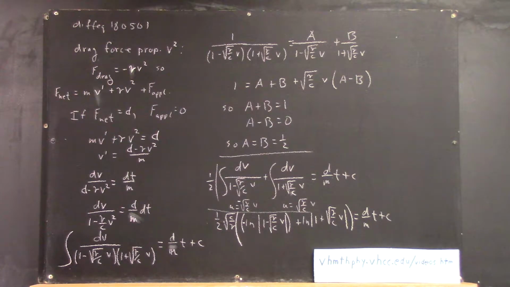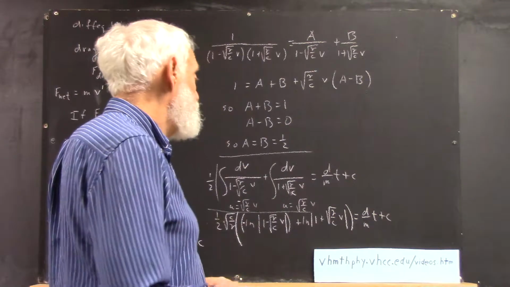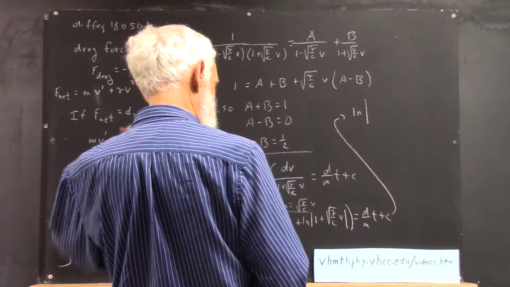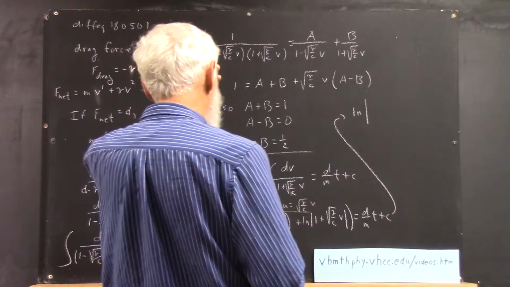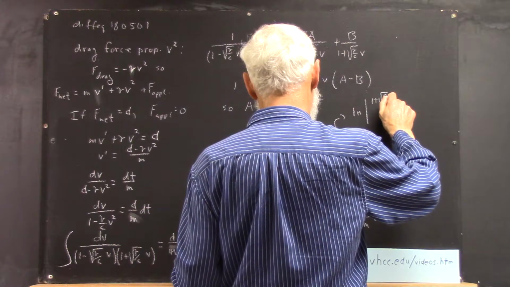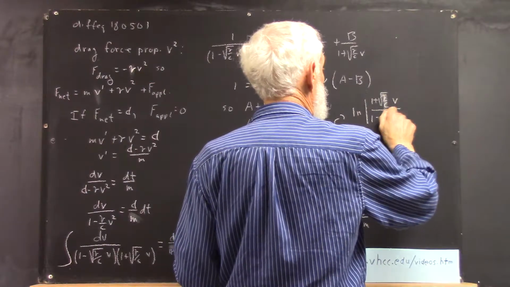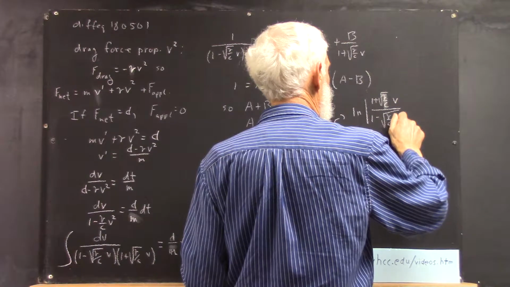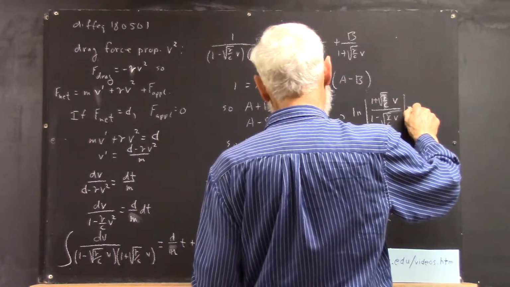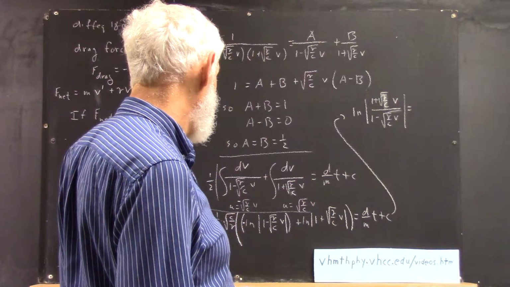So now we can combine these natural logs, and we end up with the natural log of the absolute value of 1 plus the square root of gamma over C times V, over 1 minus the square root of gamma over C times V. And the square root doesn't extend to the V. And this is going to equal, well, I'm going to just multiply by the reciprocal of my constant. And it's going to equal 2.